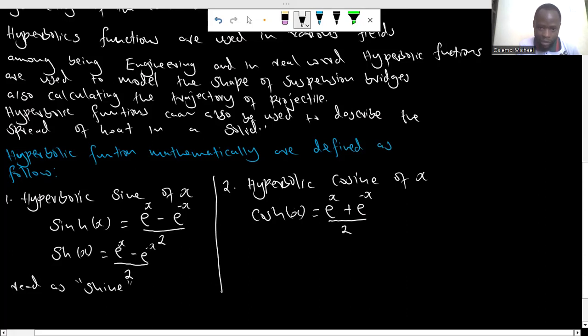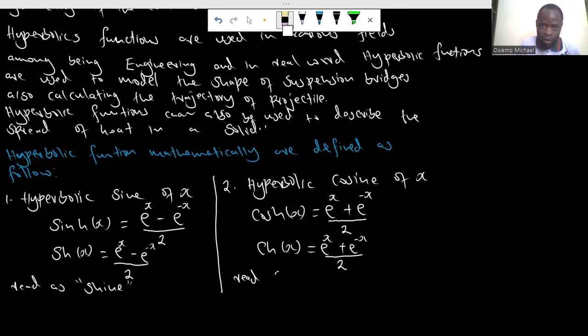In short, you can write ch of x equals exponential x plus exponential negative x, all over 2. This one is read as cosh of x.